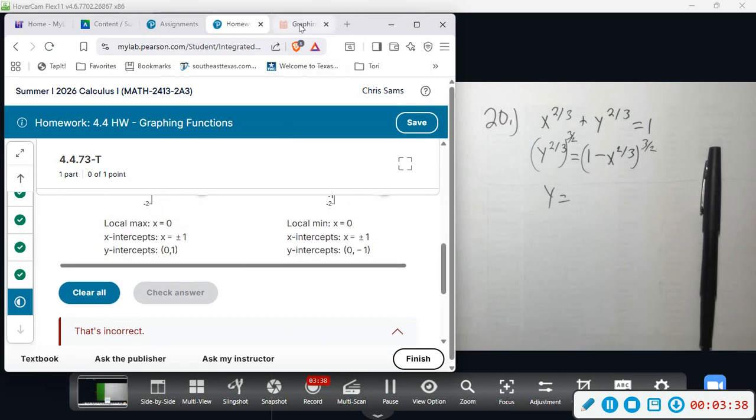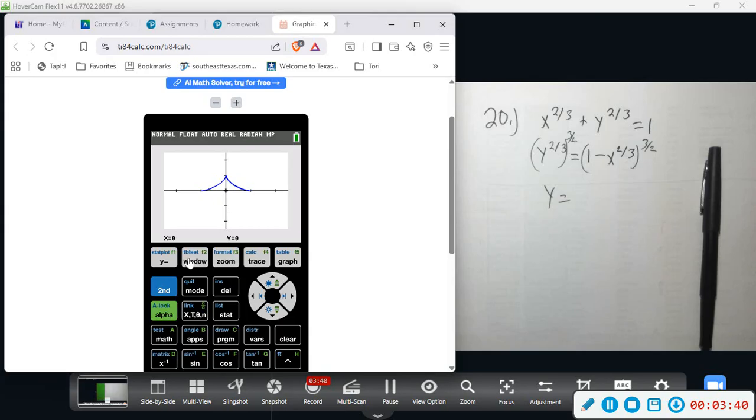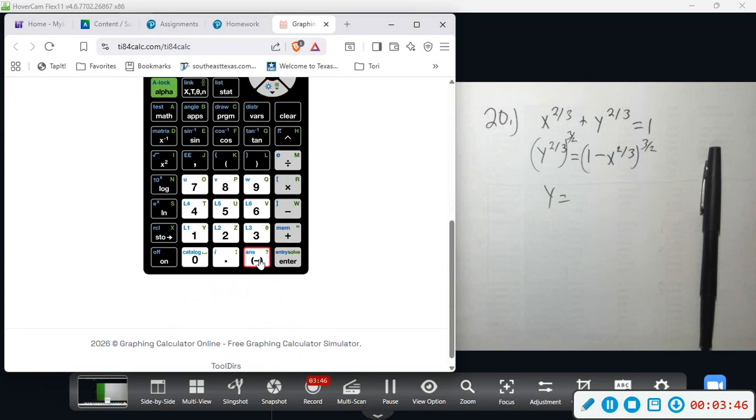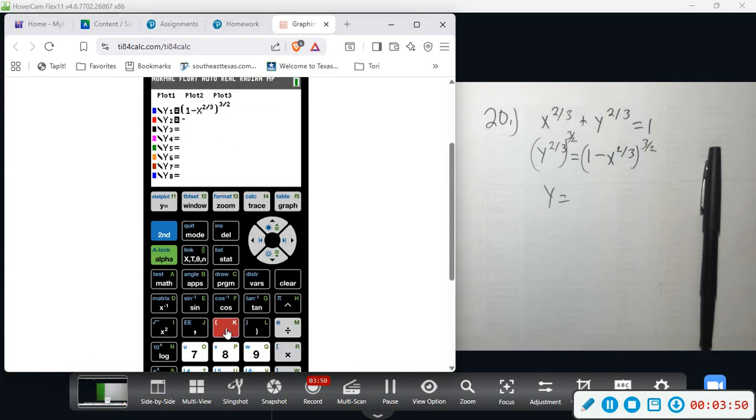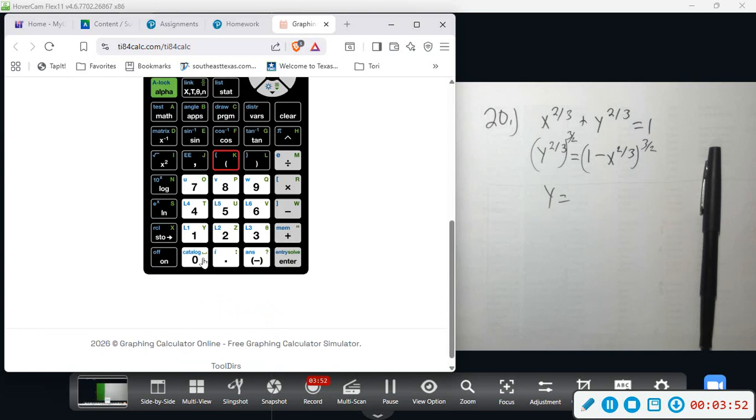And the way I would get that to show up is doing the same thing, but doing a negative one because of that square root. But I'll show that here as well.